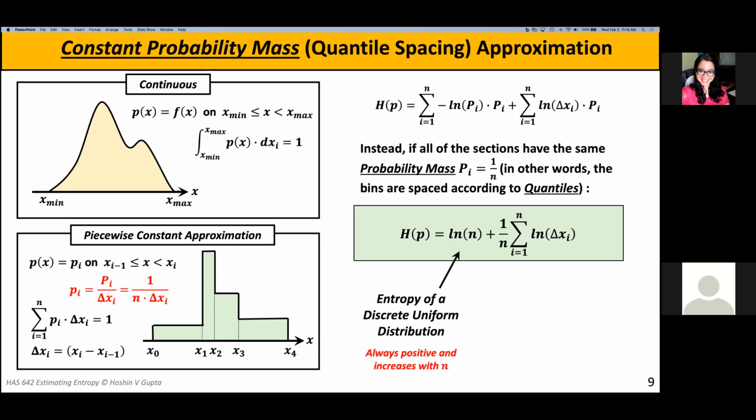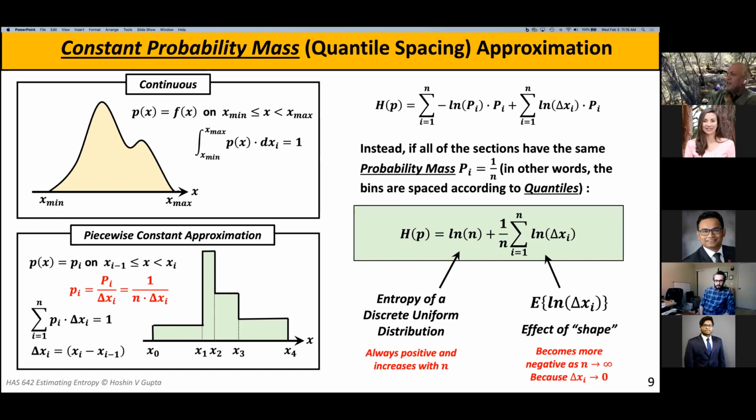And you see that the first term there is the entropy of a discrete uniform distribution. It's always positive and increases with n. And the other one is giving you the effect of shape, right? It's the correction to a uniform distribution that you have to apply in order to take into account the fact that you are not a uniform distribution. So it's the average log of the bin spacings, bin widths, okay?